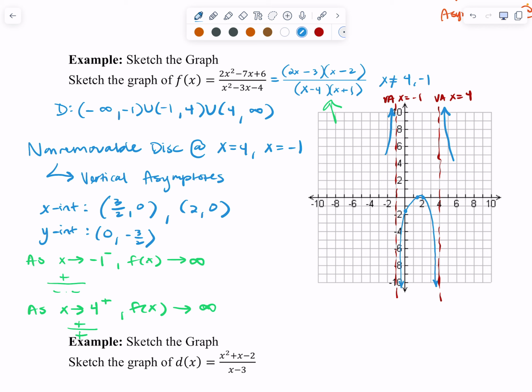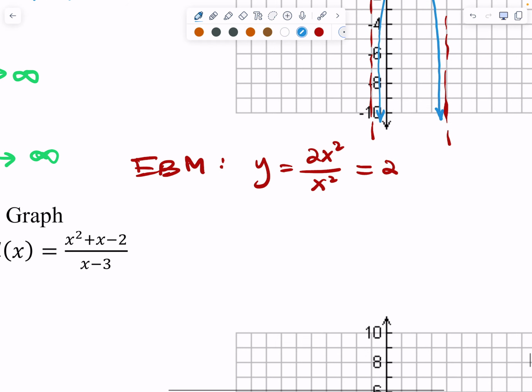And then the last piece of the puzzle is end behavior. So our EBM is 2x squared over x squared. What's that simplify to, you guys? 2. So that means that our end behavior is the same as a horizontal line, y equals 2, right?